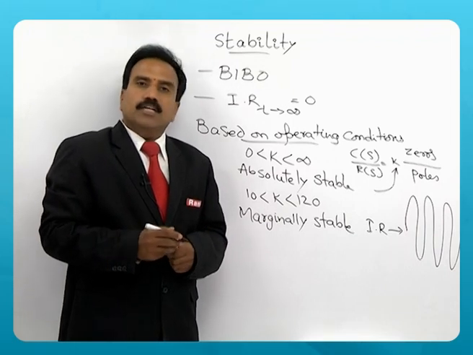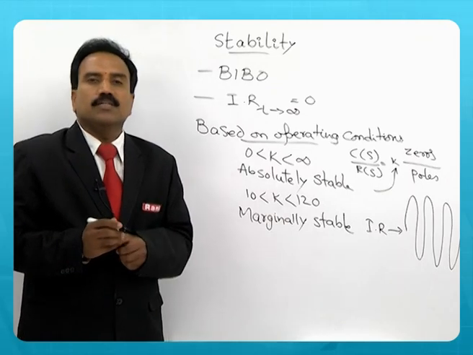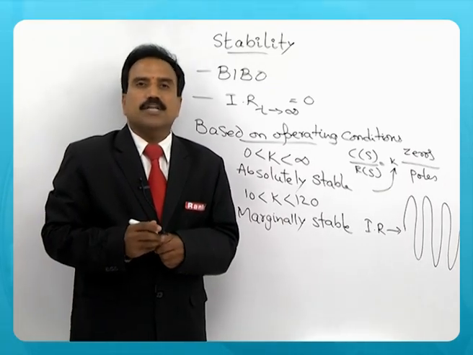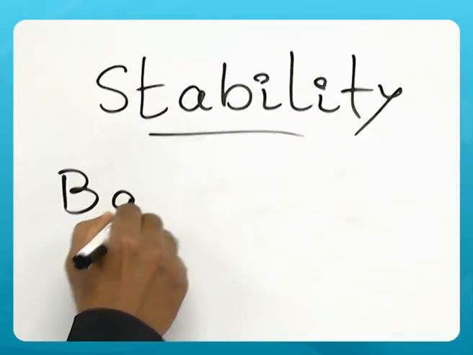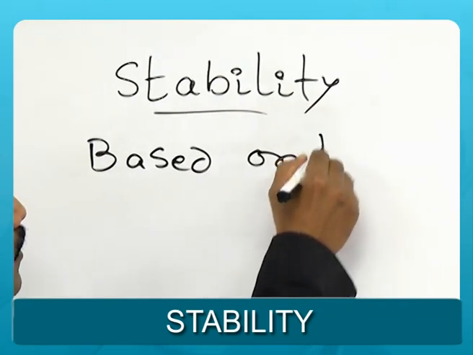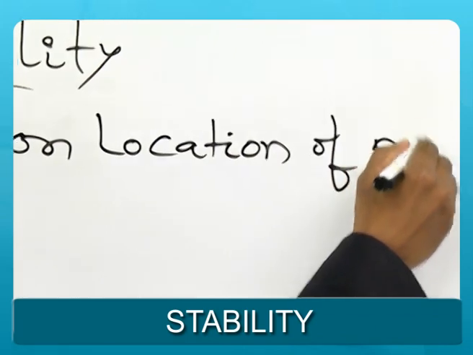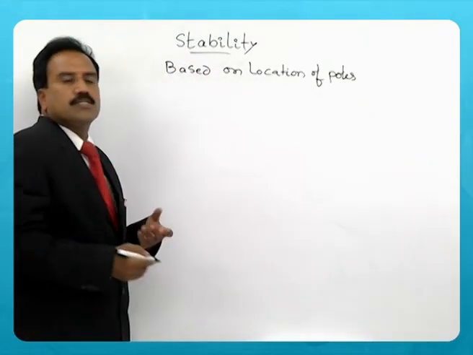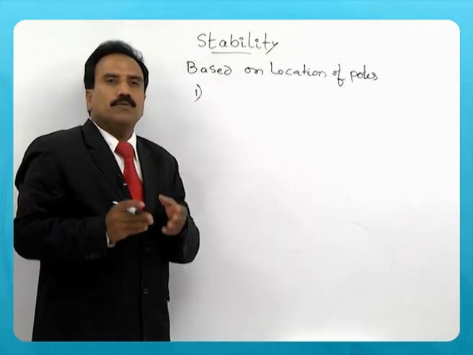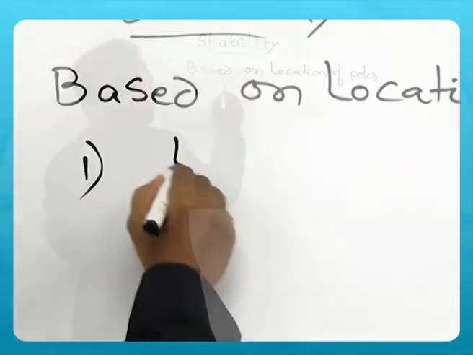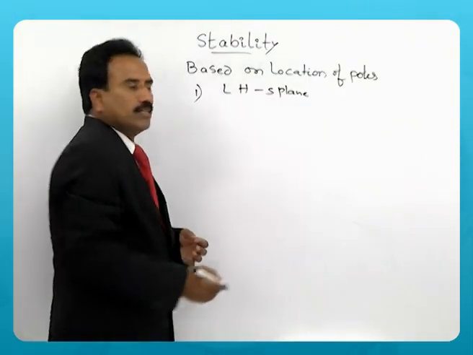Now, stability can even be defined in terms of pole location in the S plane, that is the complex plane. Stability can also be defined based on the location of the poles in the S plane. For the system to be stable, all the poles must lie in the left half of the S plane, then we say that the system is stable.